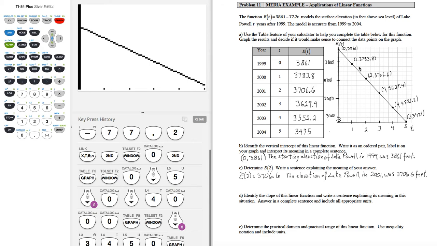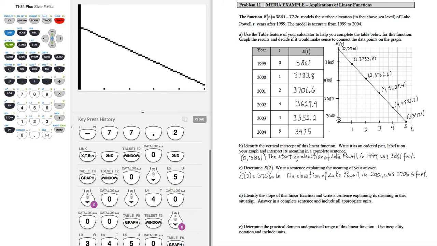And one thing that we didn't address back in our graph was if it makes sense to connect the data points. And it really does, because we can measure the surface elevation of the lake during the year. We don't have to wait at the endpoints of the years. So we can gather data all along, each month or every day for that matter. So it does make sense to connect the points on the graph.